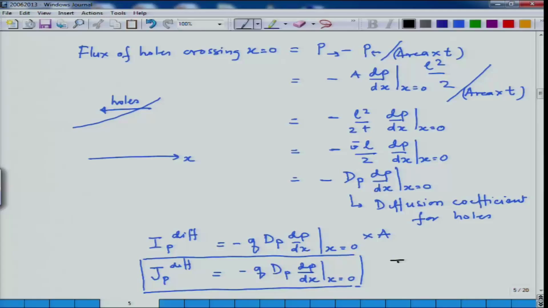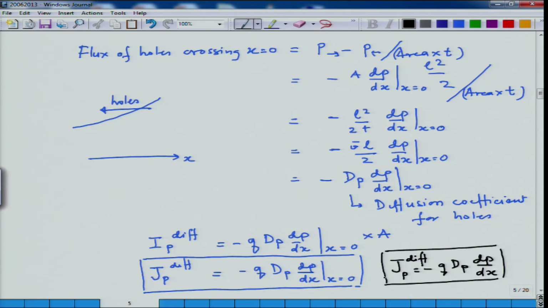This choice of x equal to 0 was mainly to keep the math simple. Hence, in general terms I would write this equation as the diffusion current given by the diffusion constant for holes times dP dx, and at any x I evaluate, this will give me the diffusion current due to holes.